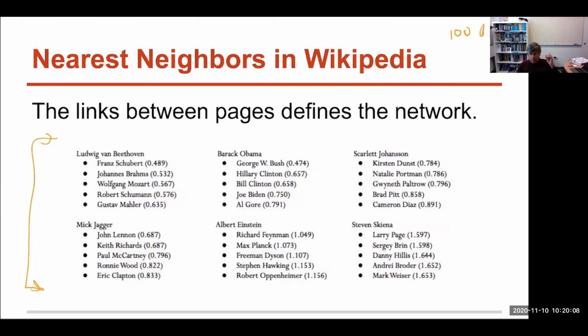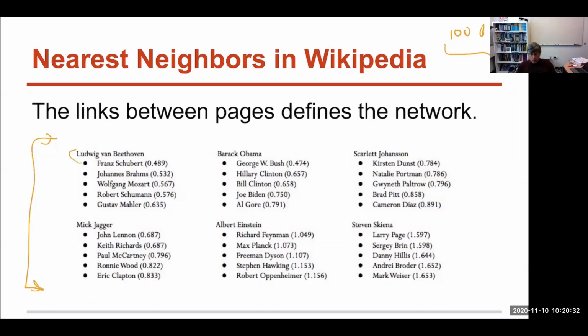Now we have every person in the Wikipedia network of what page links to what other page, is now a point in 100-dimensional space. We can use our nearest neighbor methods to look at who is most similar to any given entity. And I find these things very, very evocative.